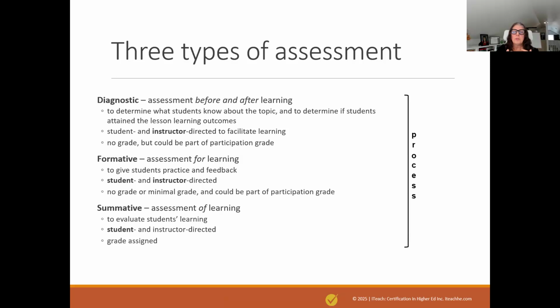So just a bit more information here. Diagnostic can be before and after. This is where you find out what students know about a topic. That gives you a sense of how well students know it, and students who know it quite well can support other students.